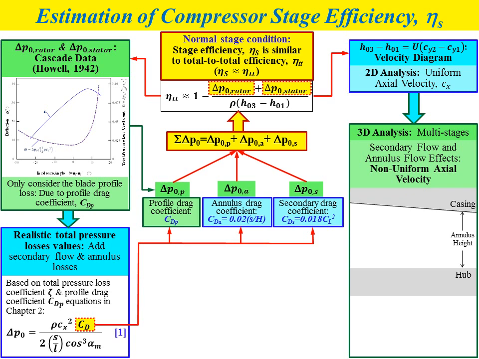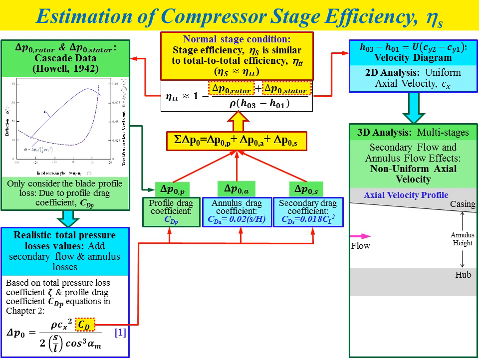Okay, so this figure shows the simplified cross section of a multi-stage compressor. We have the casing, hub, and annulus height. From this figure, we want to show the axial velocity profile for both cases, uniform axial velocity and non-uniform axial velocity.